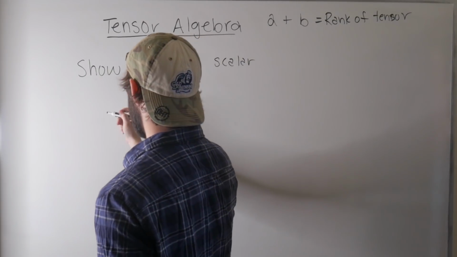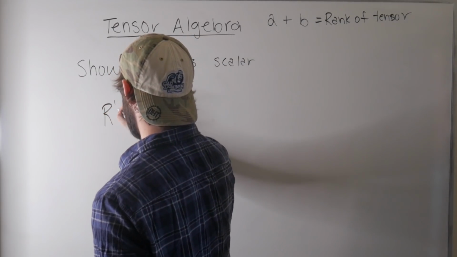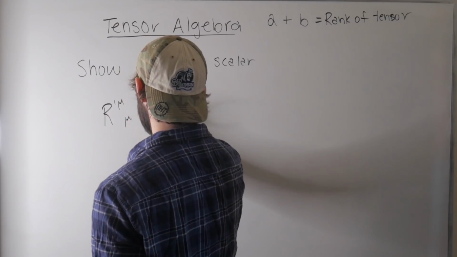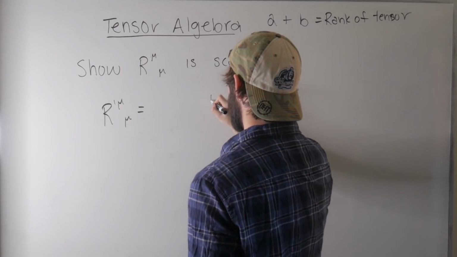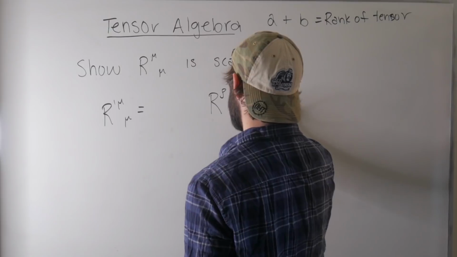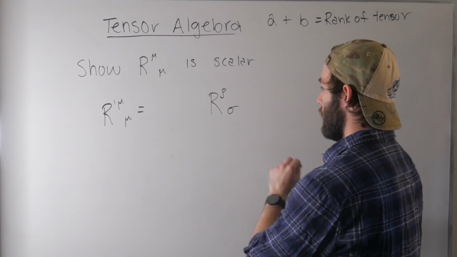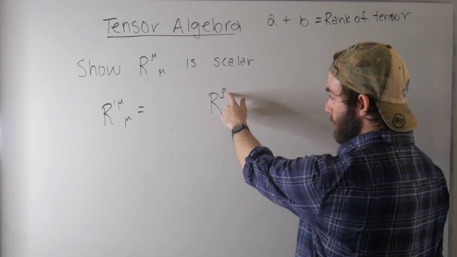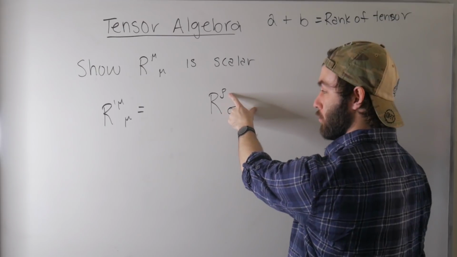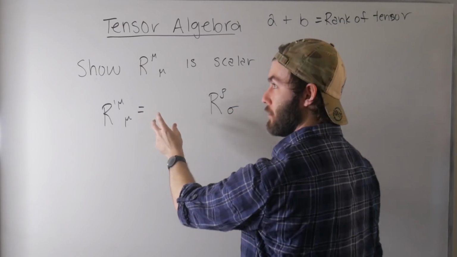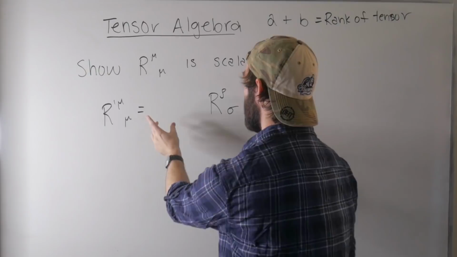So if we take this as our primed frame, R'^μ_μ, and I want to relate it to some unprimed frame, R^ρ_σ, well, if I'm summing over this ρ, that means the ρ in the transformation coefficient has to be in the denominator.